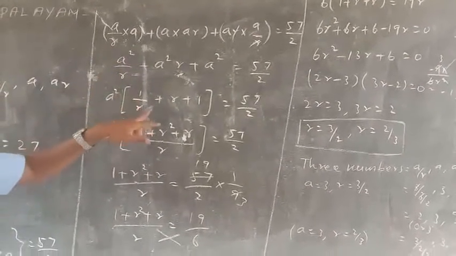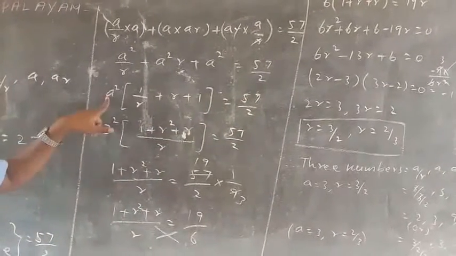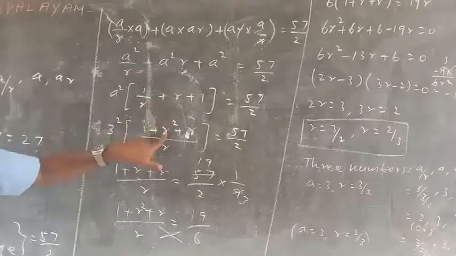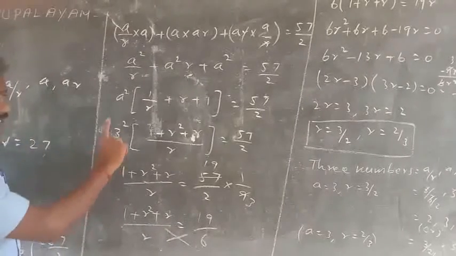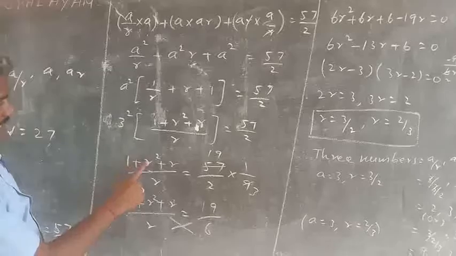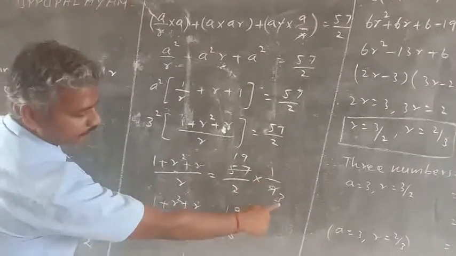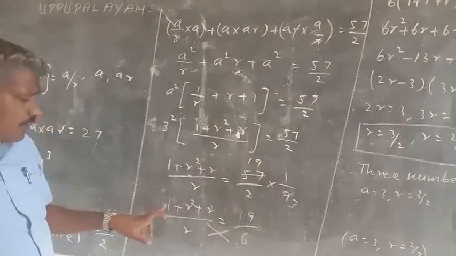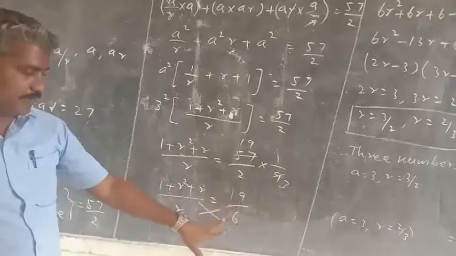So 1 by r plus 1 plus r is equal to 57 divided by 2. a value is 3, so 3 square, take the LCM r: 1 plus r square plus r by r is equal to 57 divided by 2. 3 square is 9, which we move to the other side and divide. So 1 plus r square plus r by r is equal to 57 by 2 into 1 by 9. 3 3s are 9, 19 3s are 57. Now 1 plus r square plus r by r equals 19 by 6.